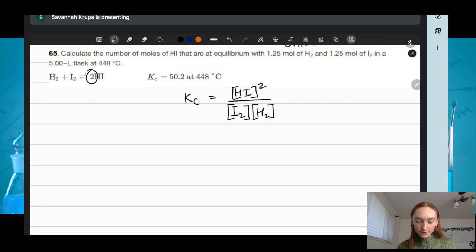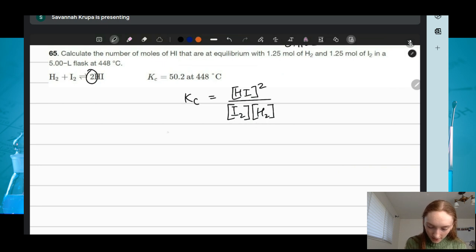Now all we have to do is solve for HI, because that's what we want to find in this problem. It asks for the moles of HI. So let's rearrange this equation to solve for it. Let's multiply both sides by this thing right here.